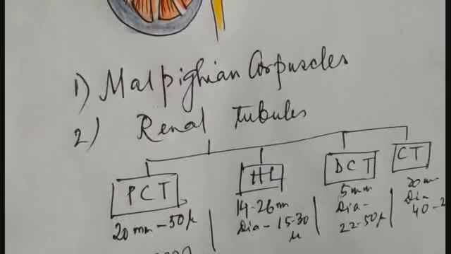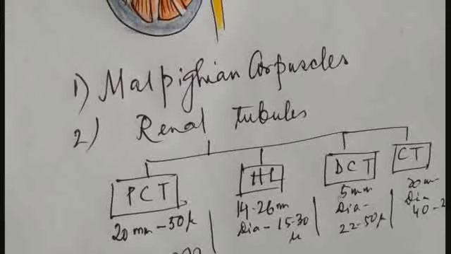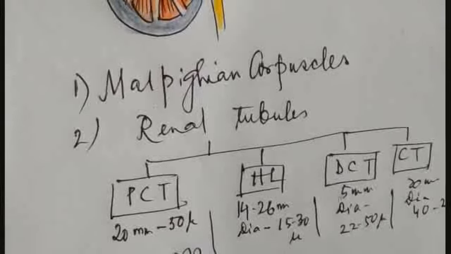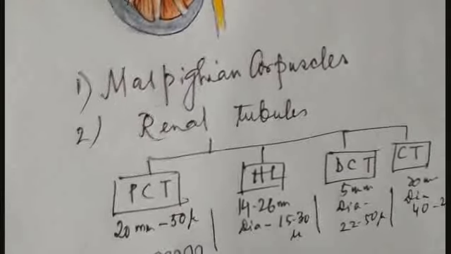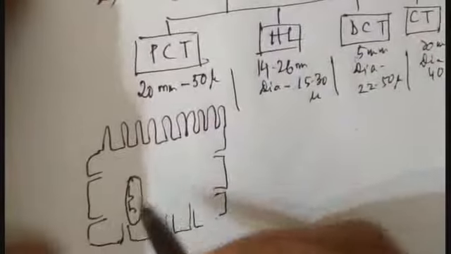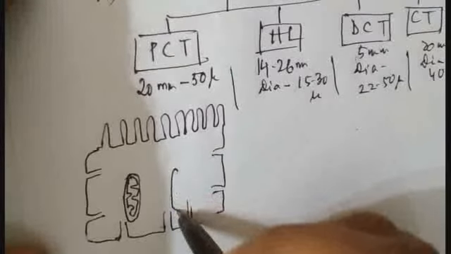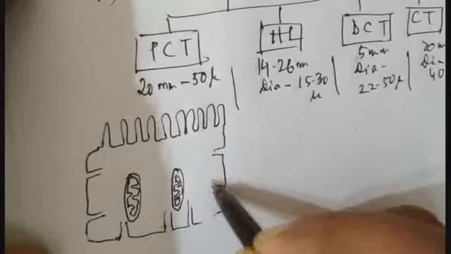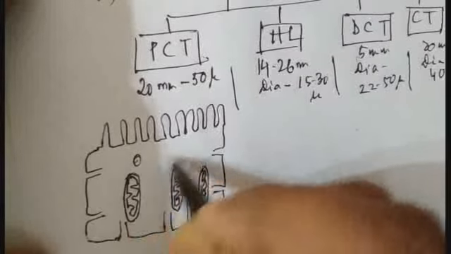These are the brush border cells of the PCT. These are canaliculi. You can see these are mitochondria.